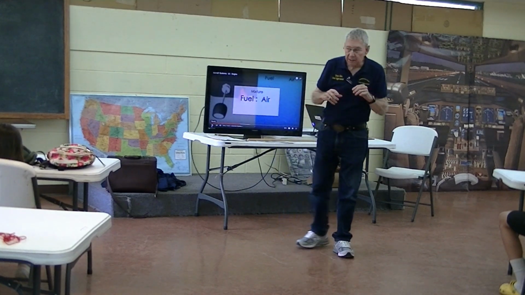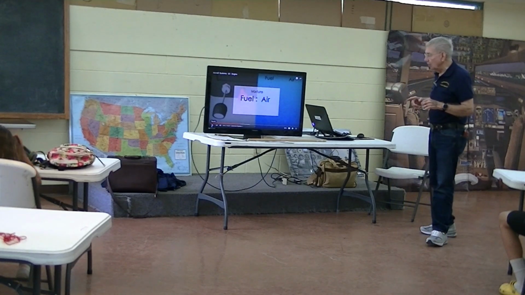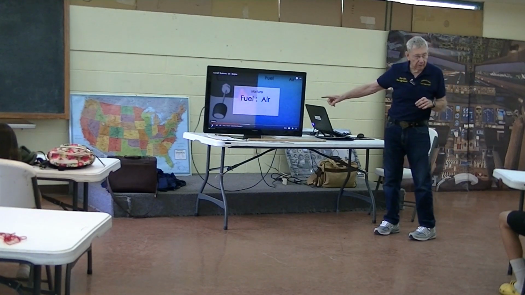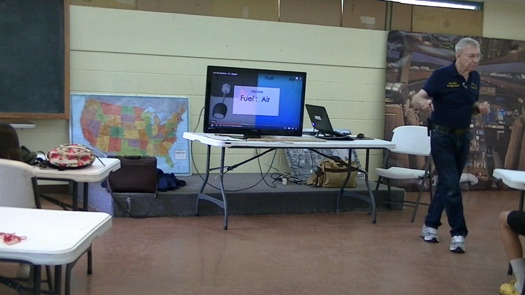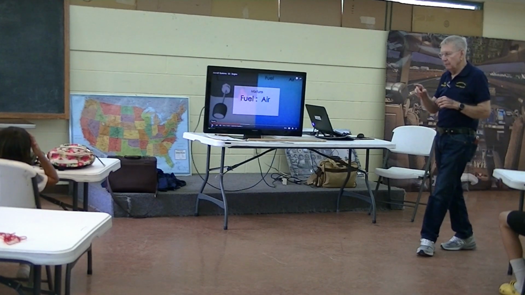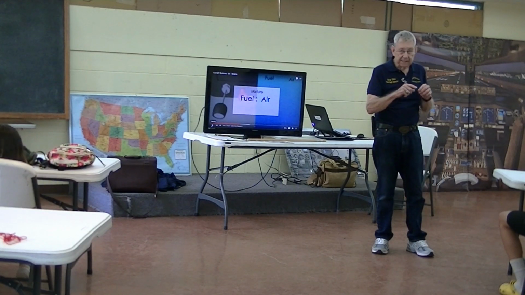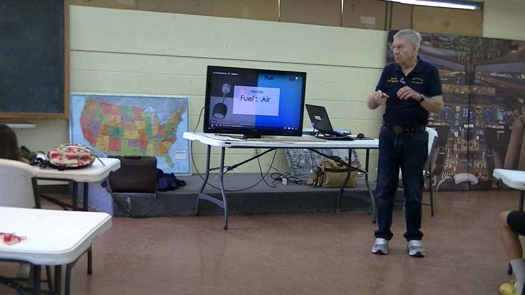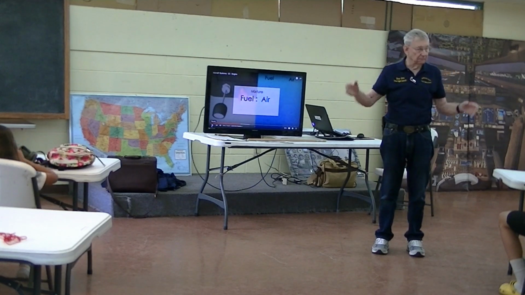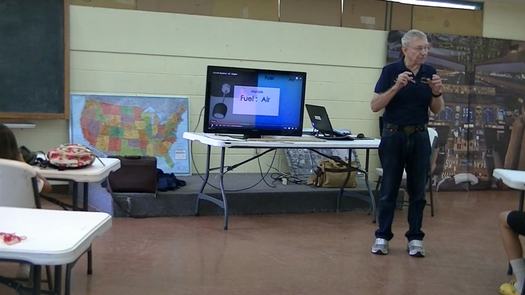So we have what we call a mixture control. The mixture control reduces the amount of fuel that goes into the engine. You can't change the amount of air because it's outside. But you can change the amount of fuel.